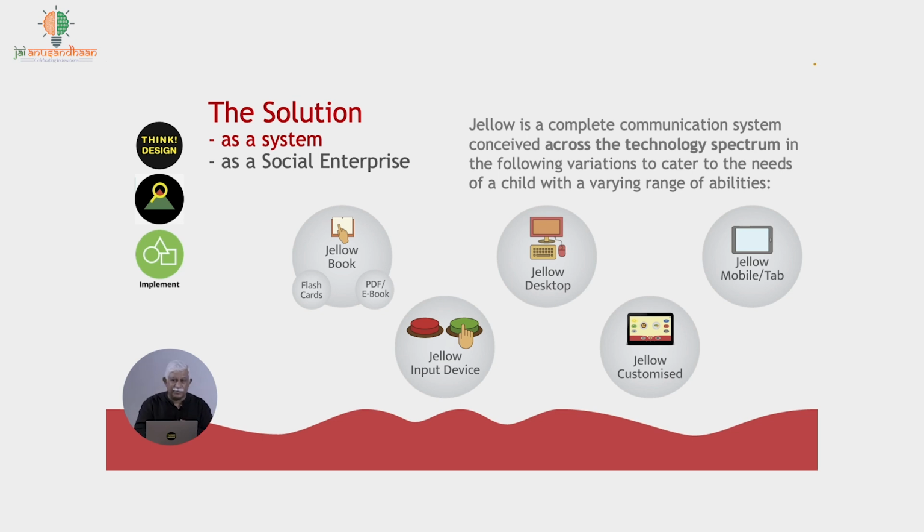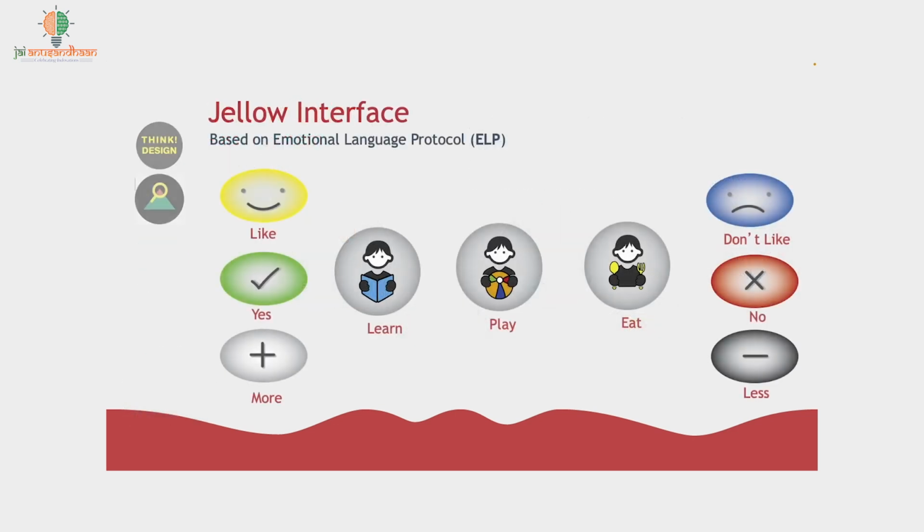And the interesting part is that it's not fixed, but you can actually change all the icons and customize Jellow to the needs and create your own board, okay, of activities, schedule, things like that. So Jellow can be customized. So these were all the different parts of the Jellow. And the enterprise is a social enterprise.